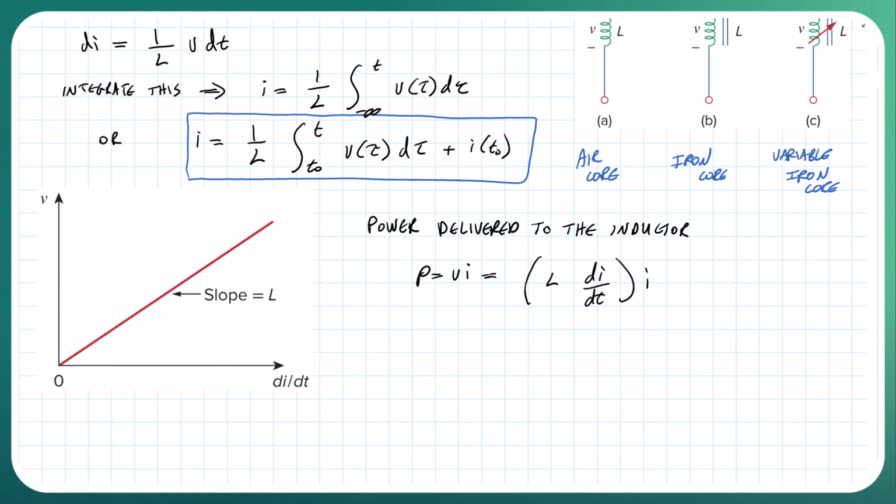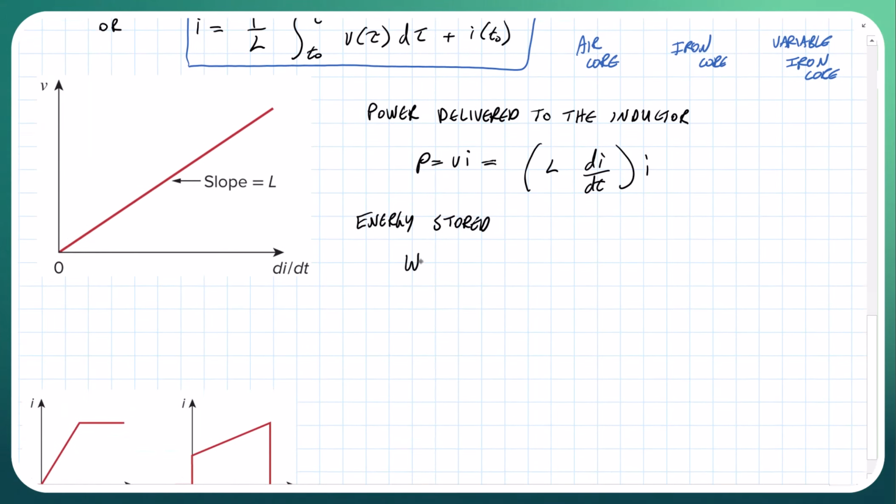And then the energy stored is going to be W equals 1/2 L times i squared. We're going to skip the derivation of that, but just know that that's the relationship there.